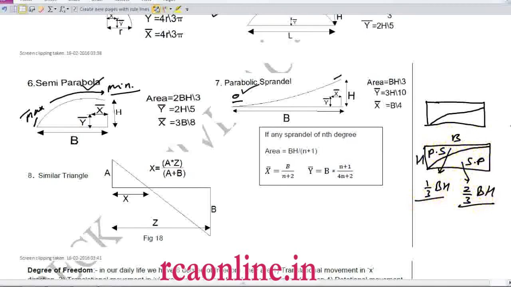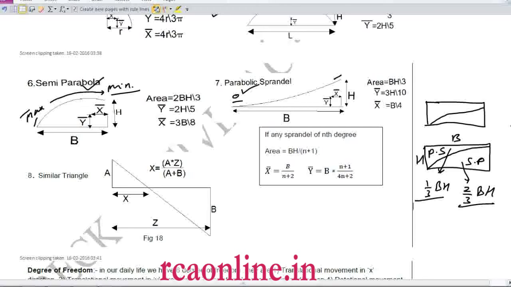So friends, thank you very much for patiently listening this video. From next video onward, I will be using the numerical part and try to make you understand about the degrees of freedom, how to find the reaction in simply supported beam, overhang beam with any type of loading, and cantilever.